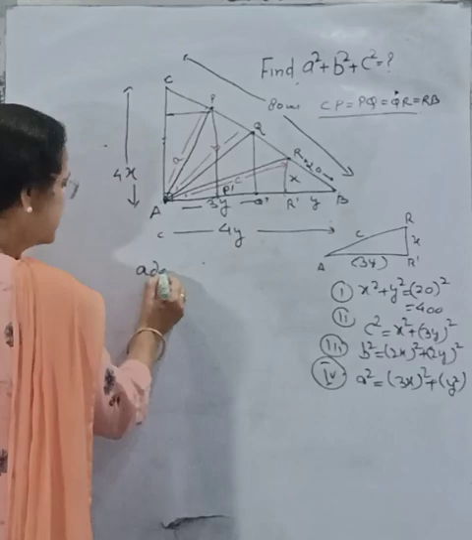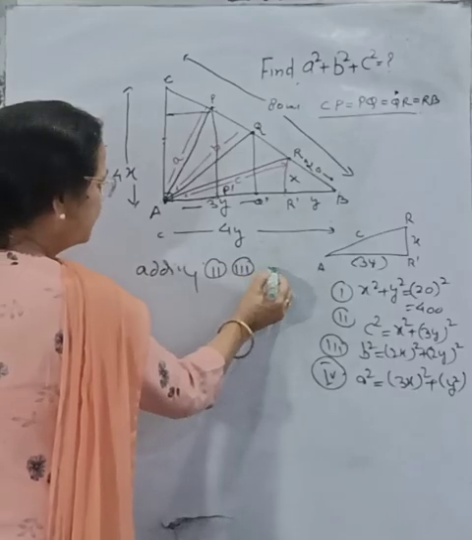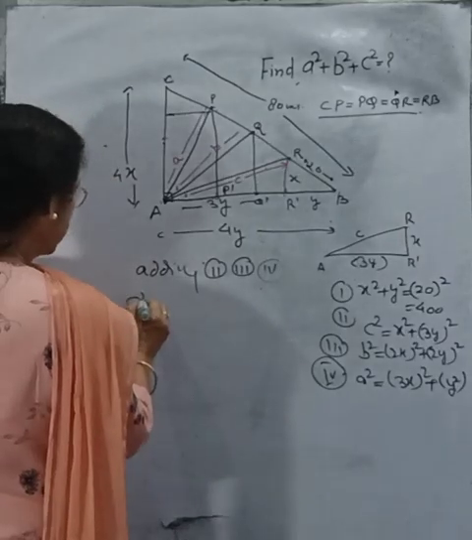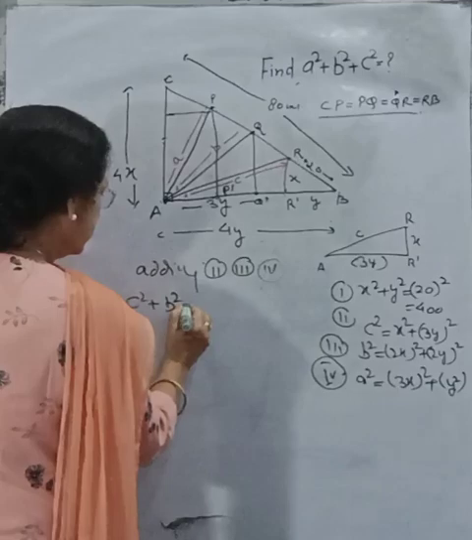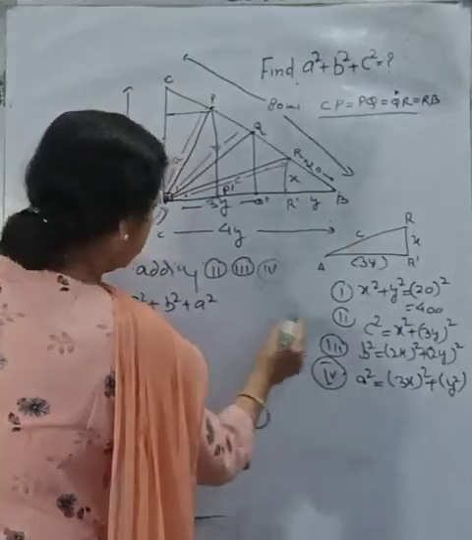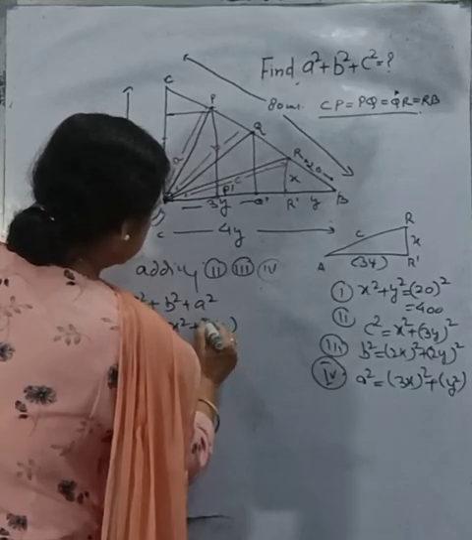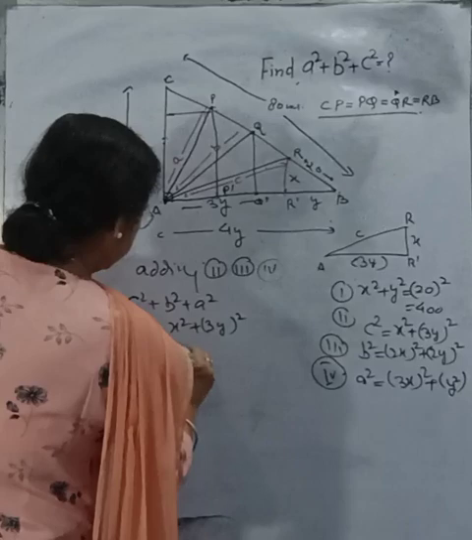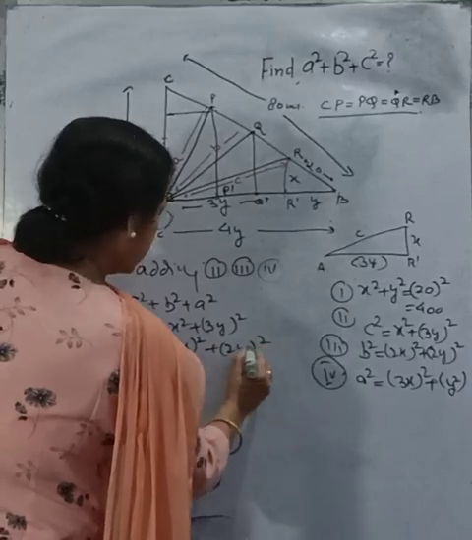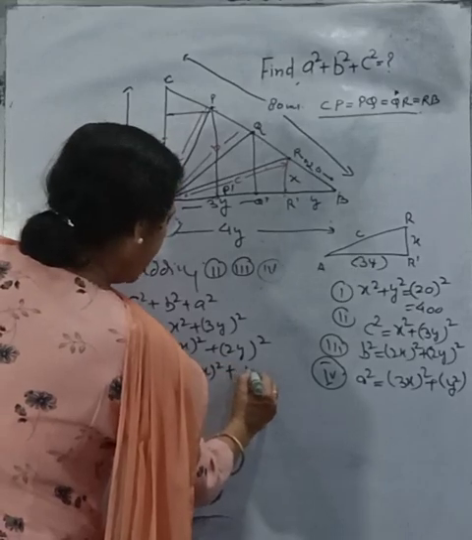Adding, we get c square plus b square plus a square equal to x square plus 3 times y square, plus 2 times x square plus 2 times y square, plus 3 times x whole square plus y square.